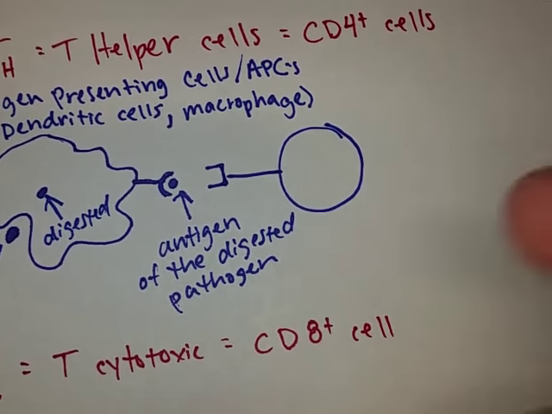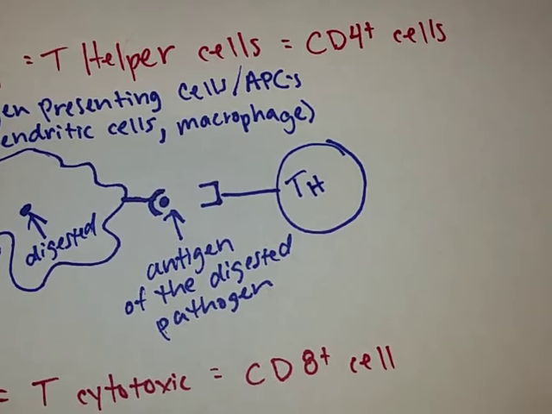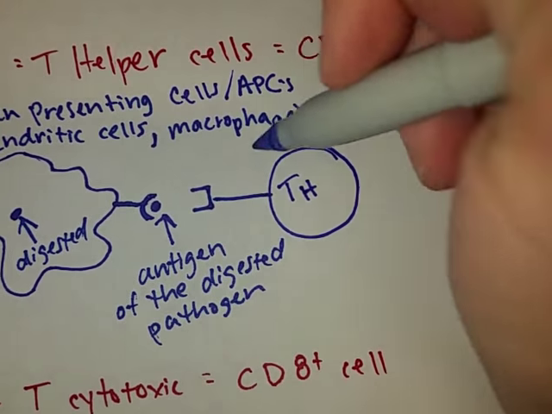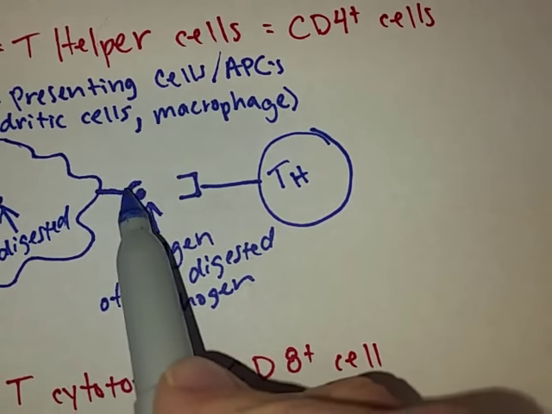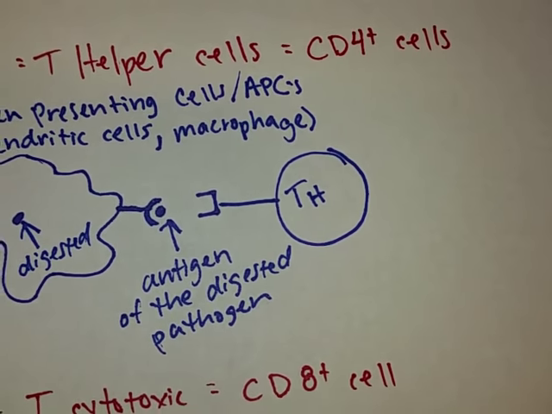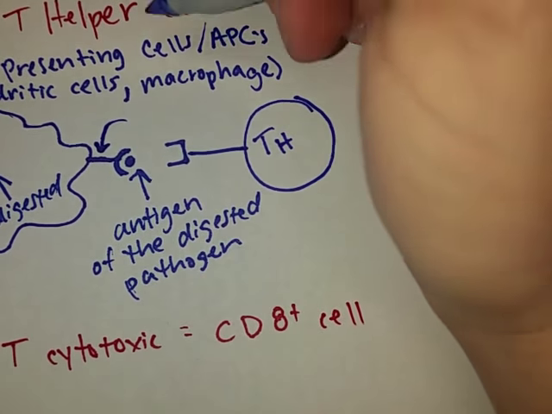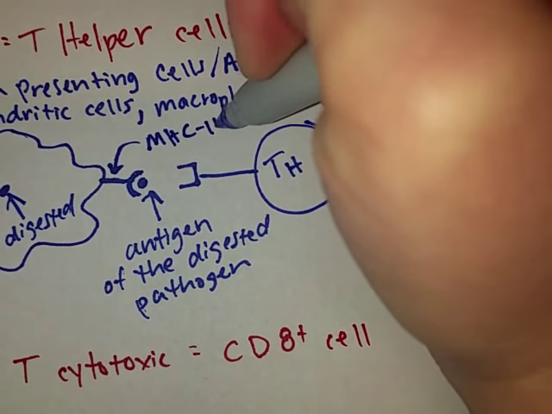So these T helper cells, I'll put TH, are going to come up to the antigen presenting cell and look for this little arm type extension that's presenting. This is called MHC2.